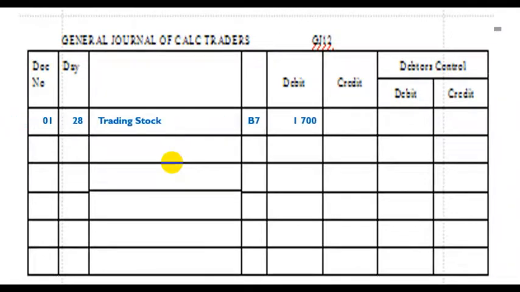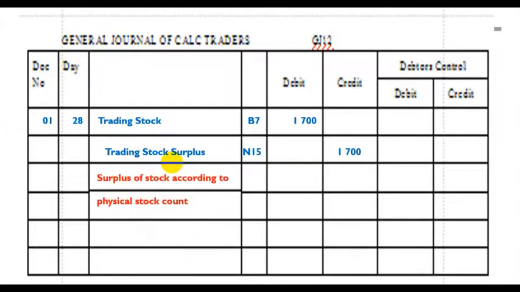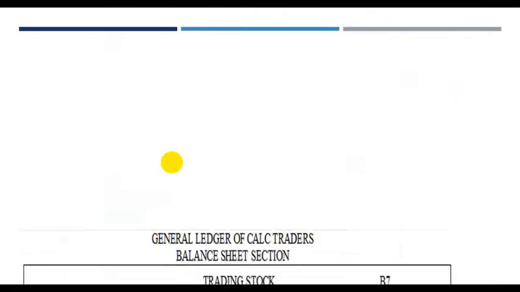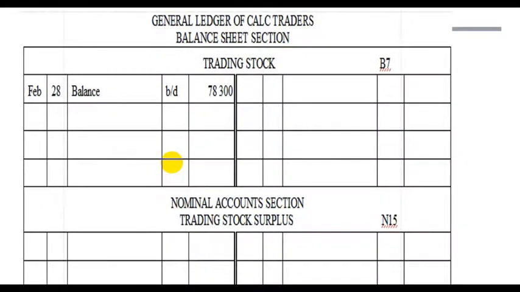In our general journal, we debit trading stock, we credit trading stock surplus, and we then write our narration, not forgetting to underline the narration. Our trading stock in the general ledger is going to increase, and our trading stock surplus is going to increase as well.